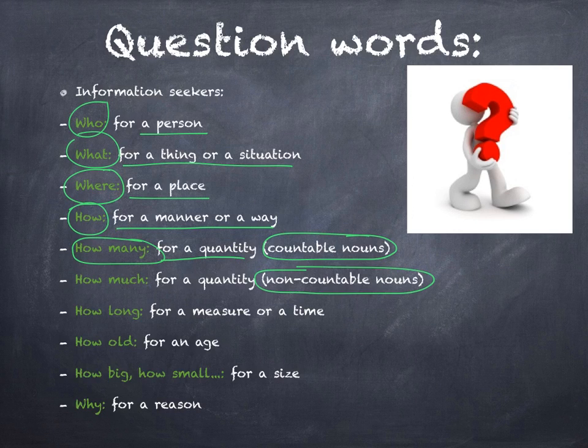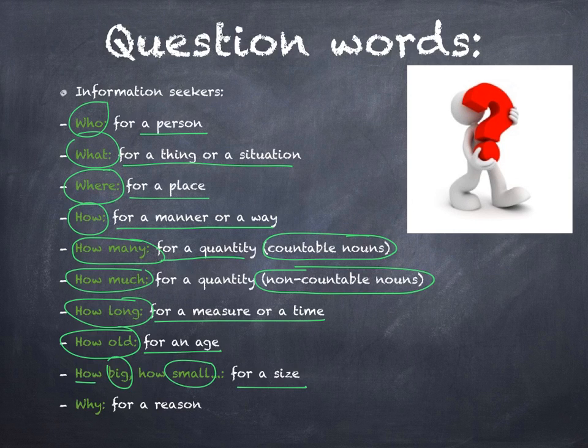If you use non-countable nouns, use how much. For a measure, for a time, use how long. For an age, use how old. For a size, how with an adjective, like big or small. And for a reason, use why.